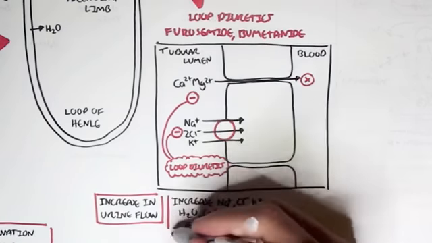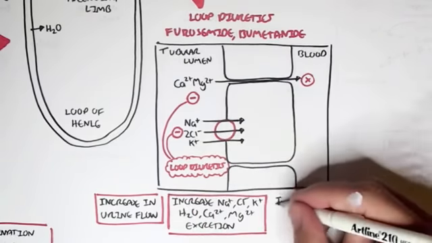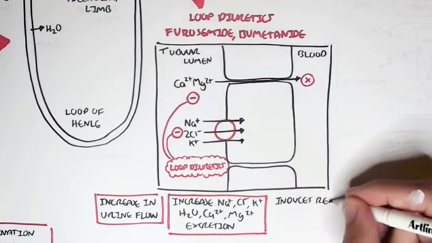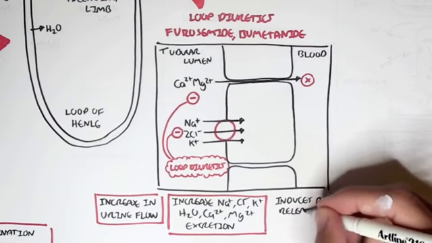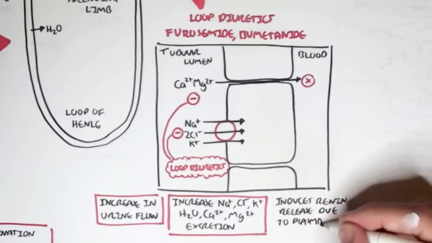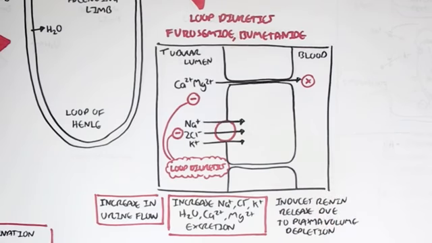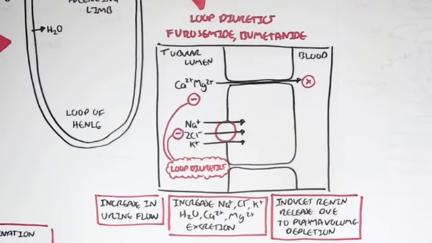Because of this, they decrease the plasma volume, right? And thus loop diuretics can induce renin release due to the plasma volume depletion. And renin, as you know, will want to increase blood pressure.